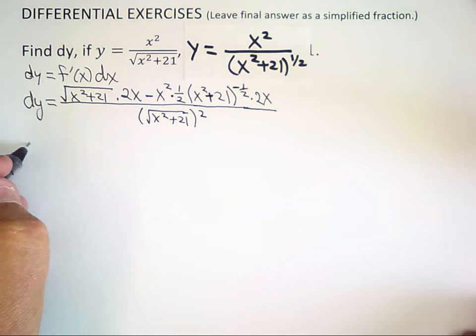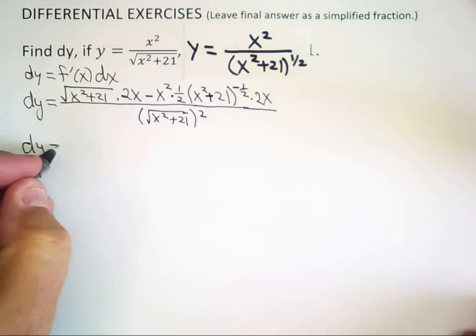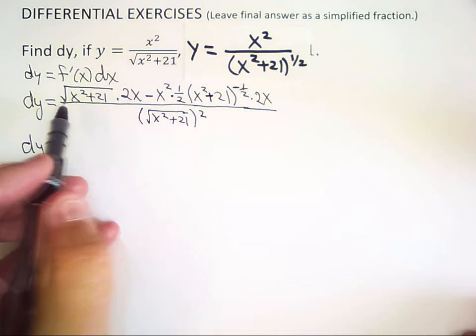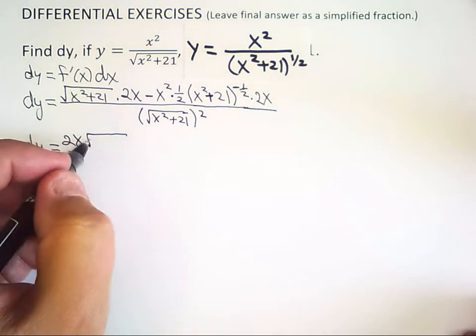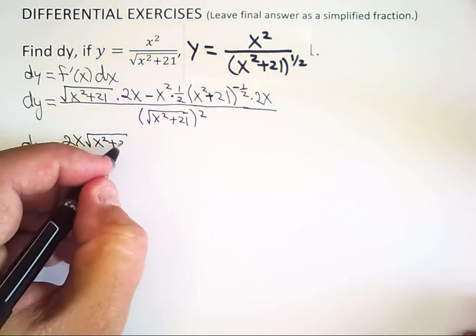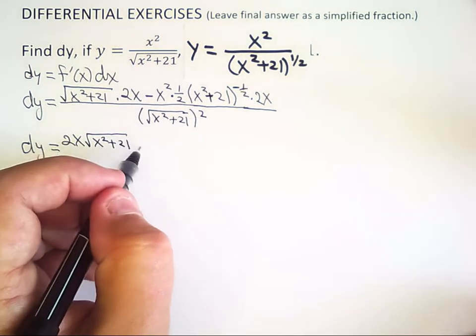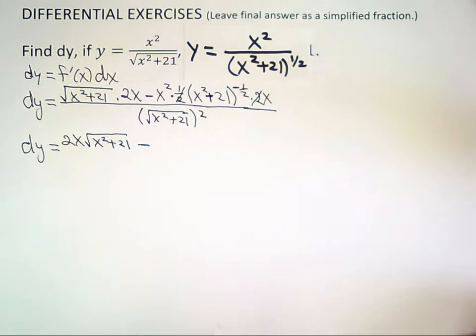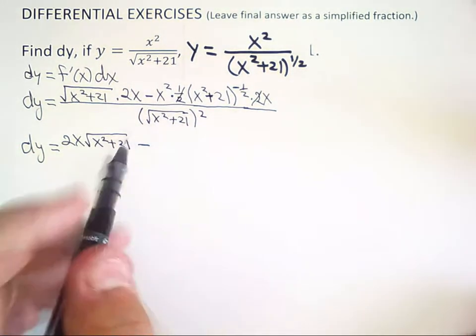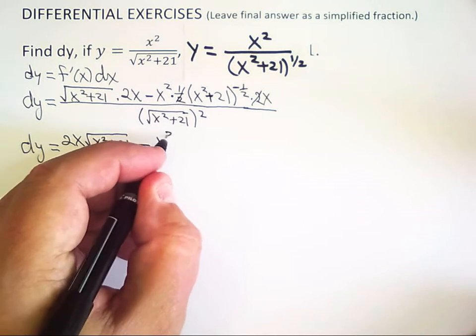Now it's a matter of simplifying a little so you can deal with it better. I'm going to put the 2x to the left side, so I've got 2x times the square root of x squared plus 21, minus the 2 times the 1/2 just gives you 1, and the x times x squared gives you x cubed.